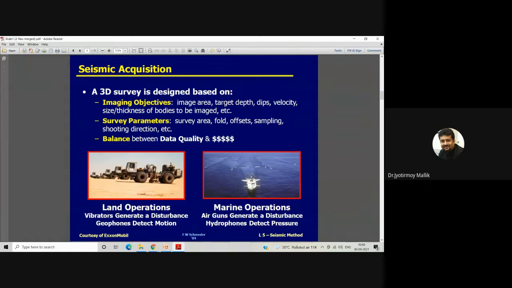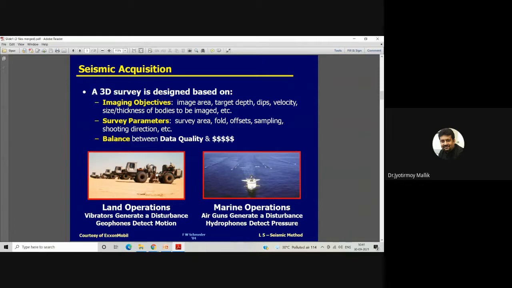It's not very expensive. You can shoot seismic through marine operations very easily. The land operation is, however, a bit more difficult, because you see these big trucks, and these trucks generally have vibrators, and vibrators are these large hammers, as you can see here. This hammer pounds down the ground, with tons of weight.